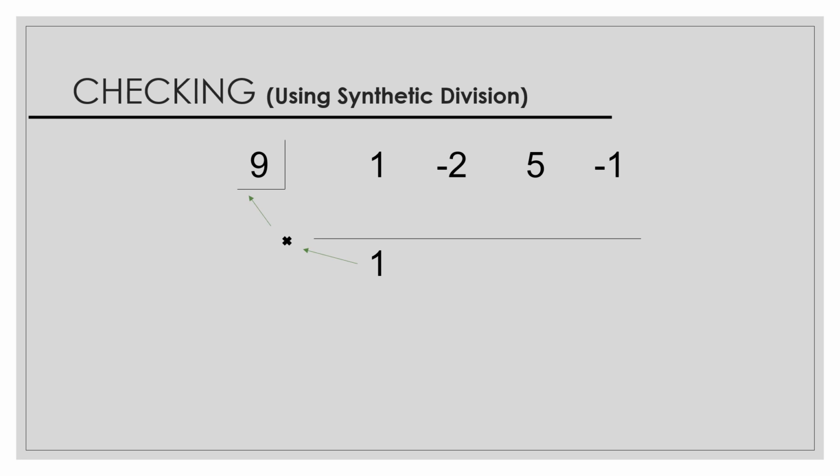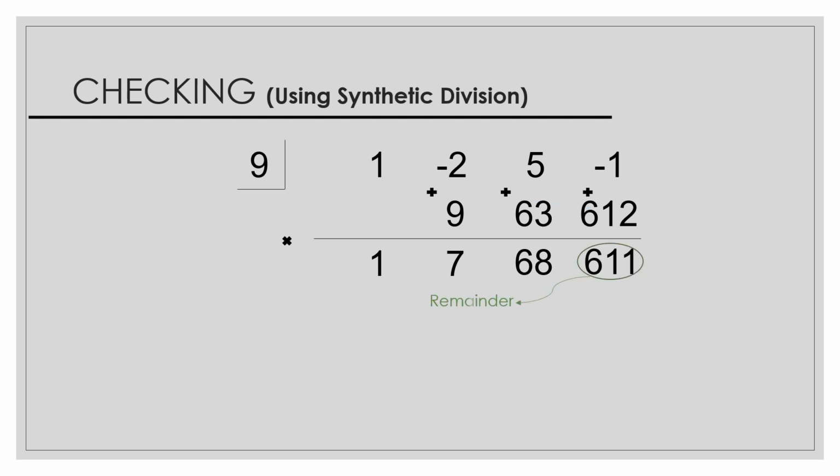Negative 2 plus 9, that would give us 7. 7 times 9, that would give us 63. 5 plus 63, that would give us 68. 68 times 9 is 612. Negative 1 plus 612 equals 611. Again, that is correct.